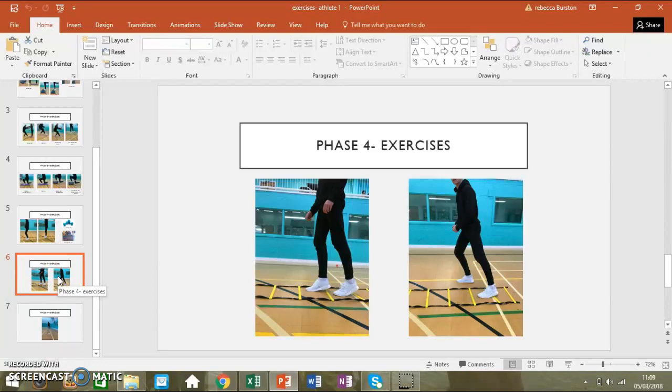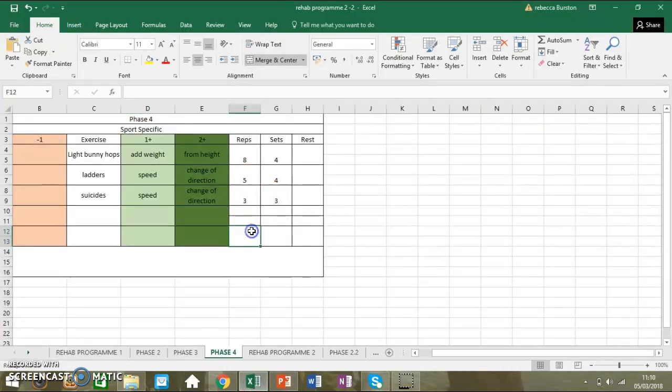And overall, this will be good as it helps improve range of motion and movement, and gets the tendon used to moving in different directions when landing. So that one will be done 5 reps, 4 sets.